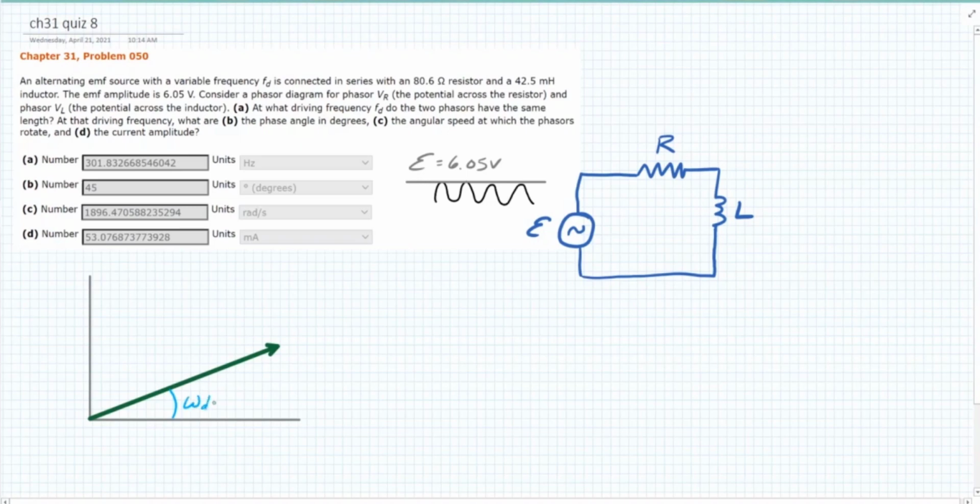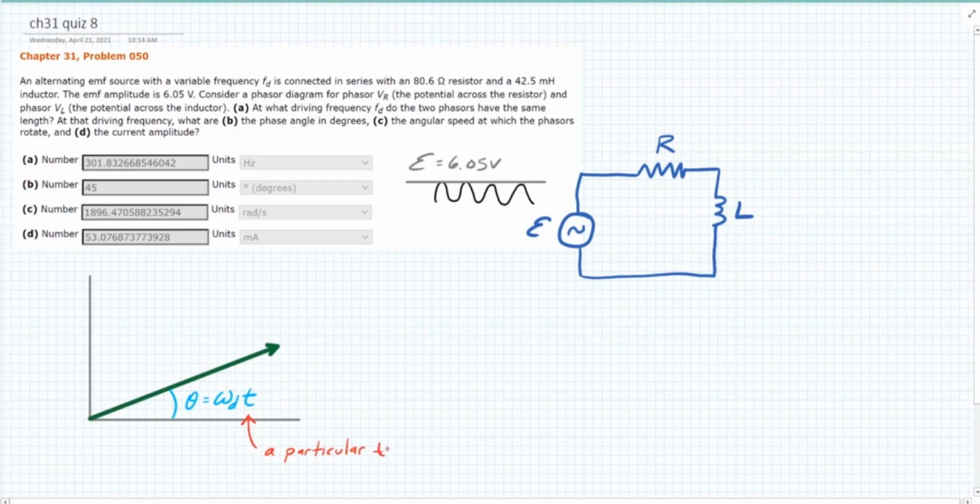This is theta equals omega D times T. This is a particular time. At some particular time, we're looking at what's happening.